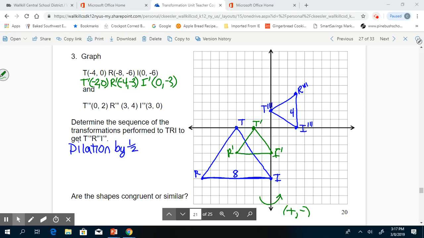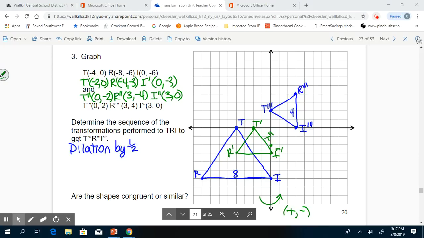So -2, 0 is going to become 0, -2. R double prime, -4, -3 is going to become 3, -4. And I double prime, 0, -3 is going to change to 3, 0. Go ahead and graph that. 0, -2 is now our T double prime.